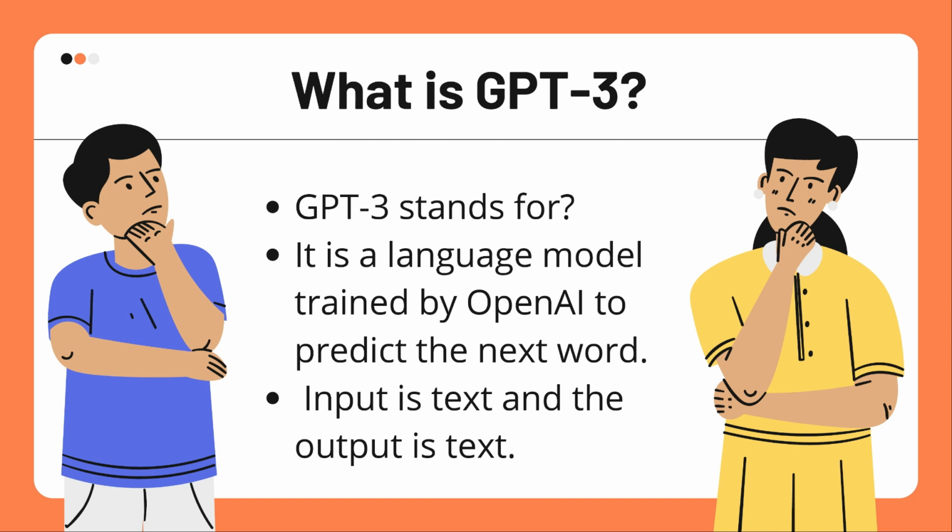So simply put, the input is text and the output is text. But the beauty is that since it is trained on a large corpus of internet text, it can automatically find patterns in text and form an understanding of the language, etc., without us explicitly telling it any rules.